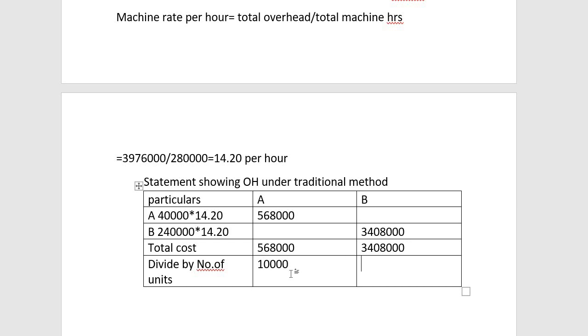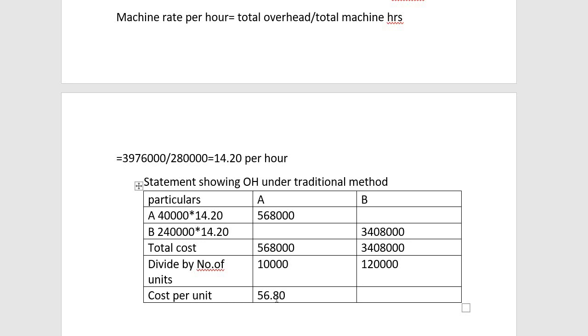10,000. Next 1,20,000. That is total cost divided by number of units. Now we can see cost per unit. That is 5,68,000 divided by 10,000, that is 56.80.